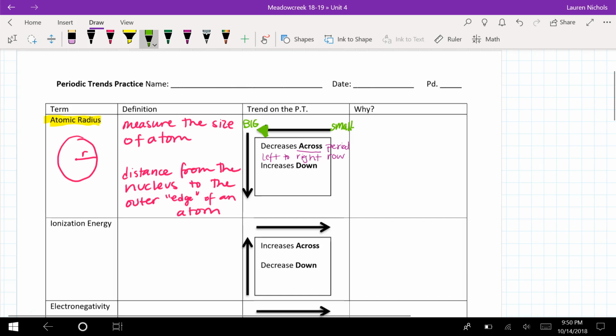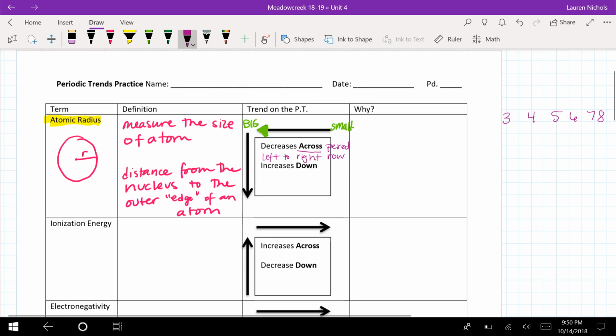So the question is, why does it get smaller? As we go across the periodic table, the atomic number goes from 3 to 4 to 5 to 6 to 7 to 8. So there's more protons, more electrons, more neutrons. How is the atom actually getting smaller?